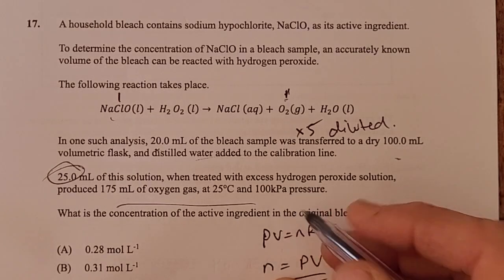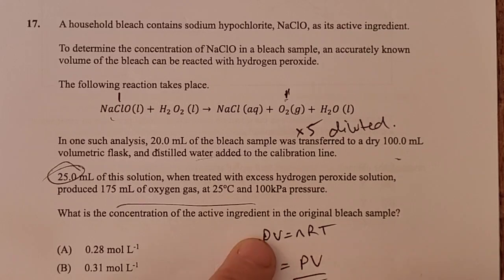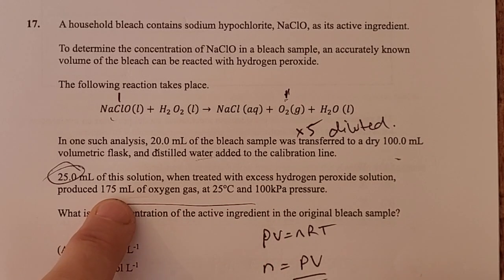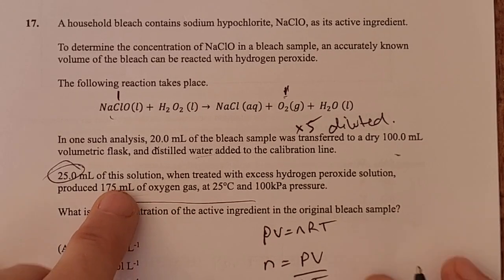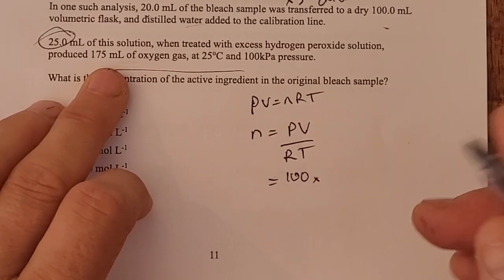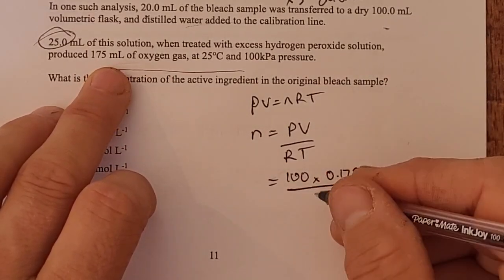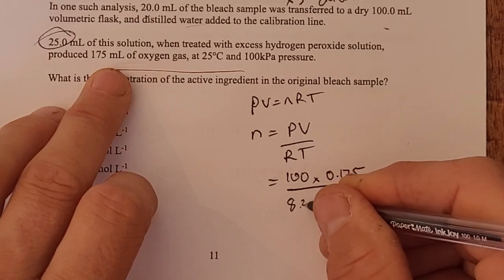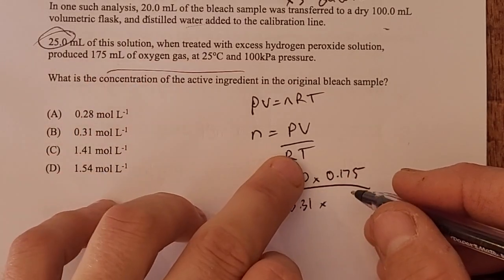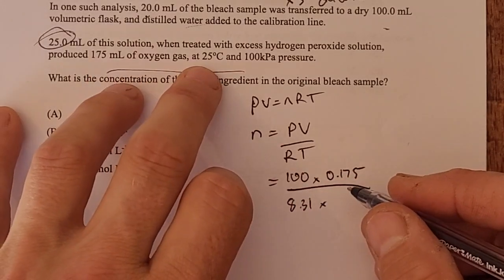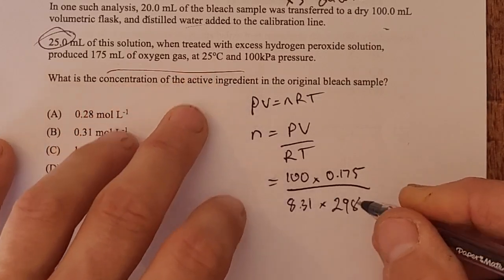What's the pressure? 100. What's the volume? Remember in liters, 0.175, over 8.31 times temperature in Kelvin, 298.